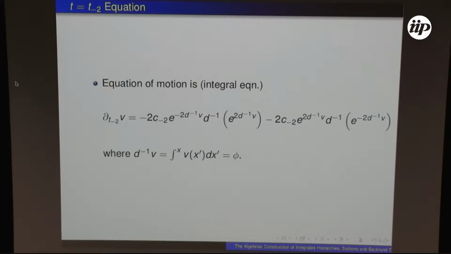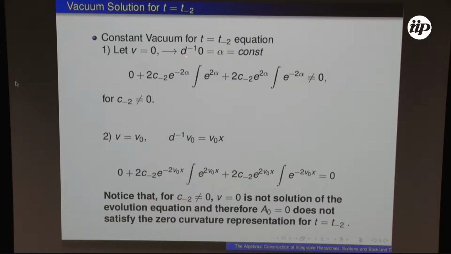So the question now, what was a surprise, is the vacuum solution, because up to now, for all those equations, V equals 0 was a solution. And now, if you have V equals 0, you see d^{-1} of 0 is a constant. So if I plug a constant inside this integral, this exponential comes out, and the integral is just x. And then this other one comes out and cancels with this, and you don't get 0. So V equals 0 is not a solution of this class of equations.